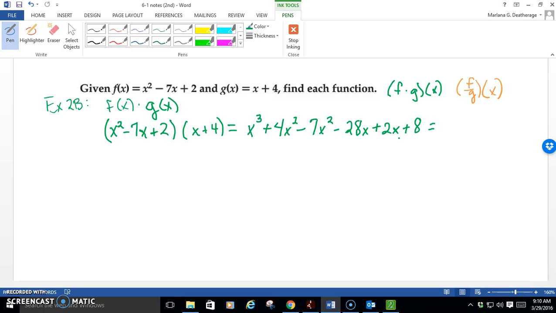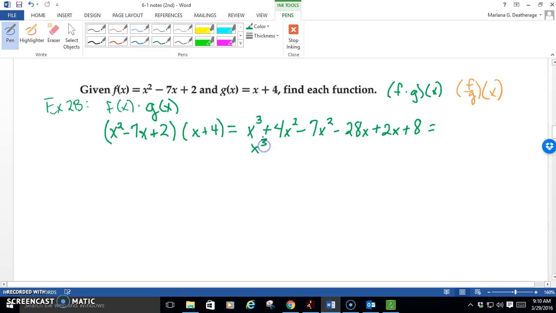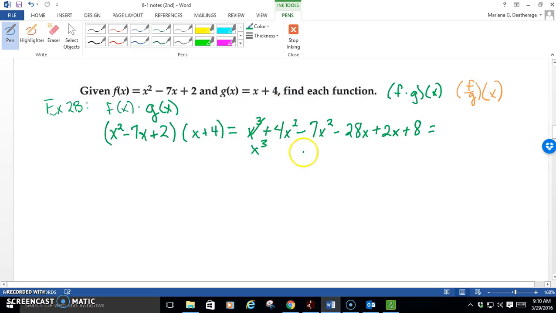We only have one x cubed term, which is just x cubed. Then we have 4x squared and a negative 7x squared. What would that be? 4x squared minus 7x squared is negative 3x squared.